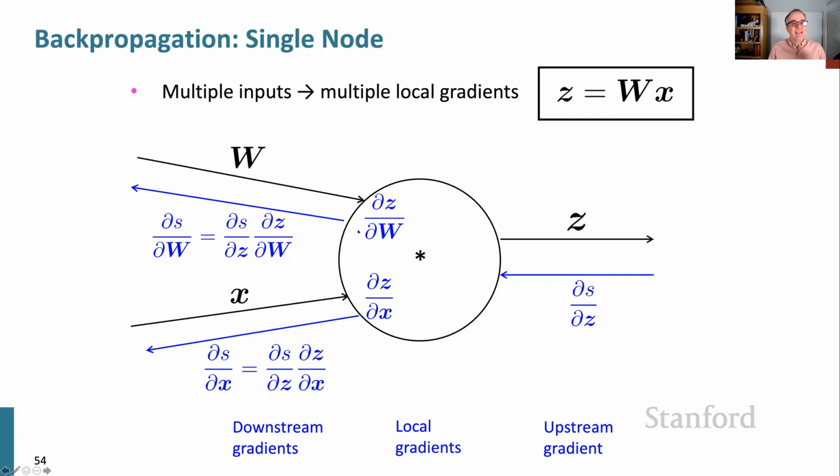So we have dz/dW and dz/dx. And so then at that point, it's exactly the same for each piece of it. We're going to work out the downstream gradients, ds/dW and ds/dx, by using the chain rule with respect to the particular local gradient.